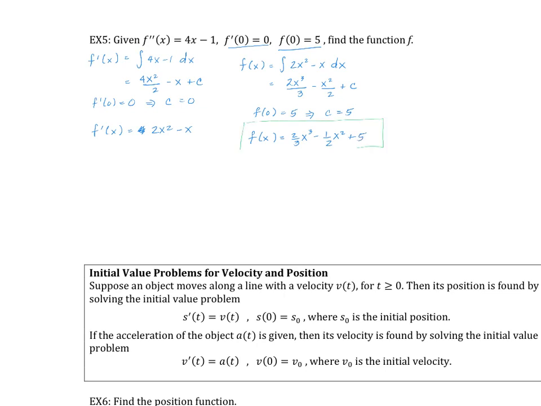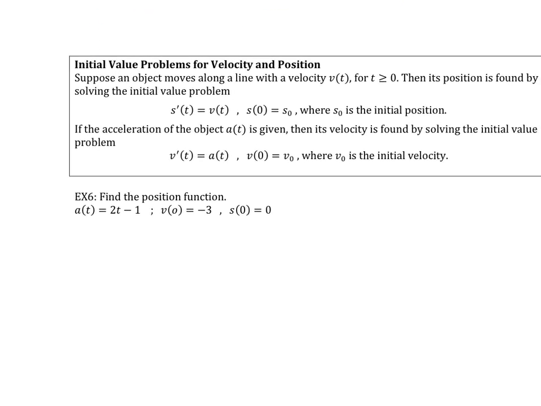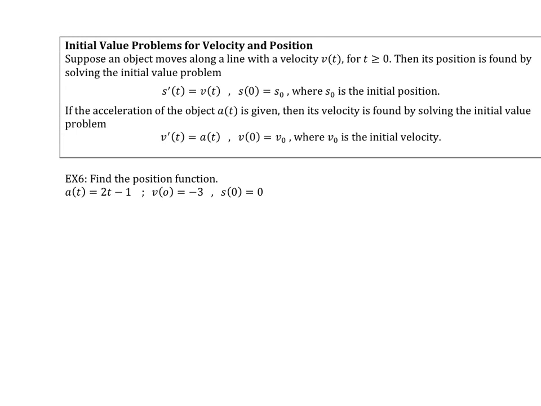This idea of starting with derivatives and working back to the function actually comes up quite a bit. Let's just review our position, velocity, acceleration problems. So we're going to look at these initial value problems for velocity and position. Now remember, our position function was s of t.